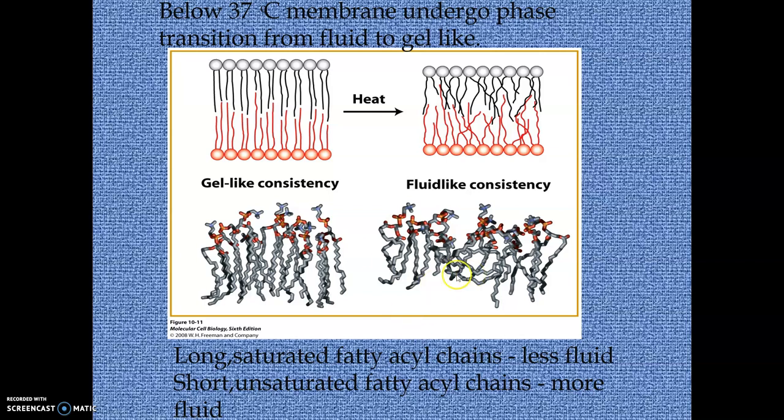We know that the membrane is made up of phospholipid molecules, and the membrane can undergo a phase transition. It can have two states of existence, a gel-like consistency and a fluid-like consistency.